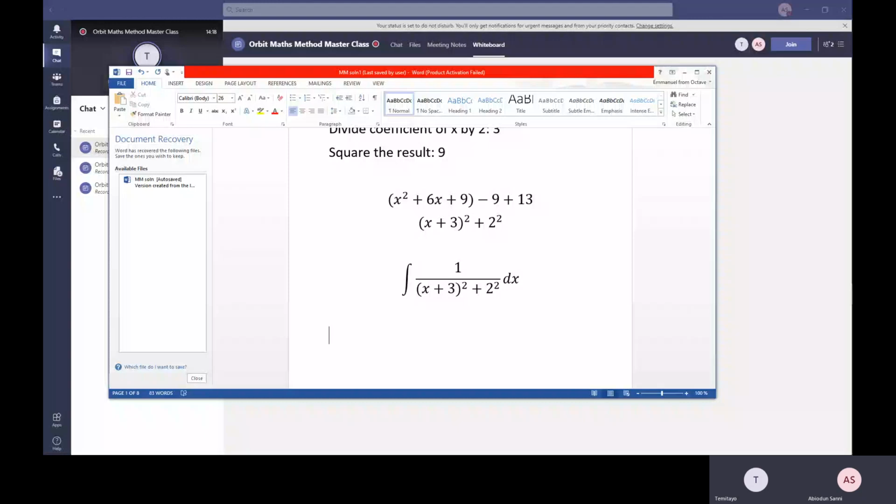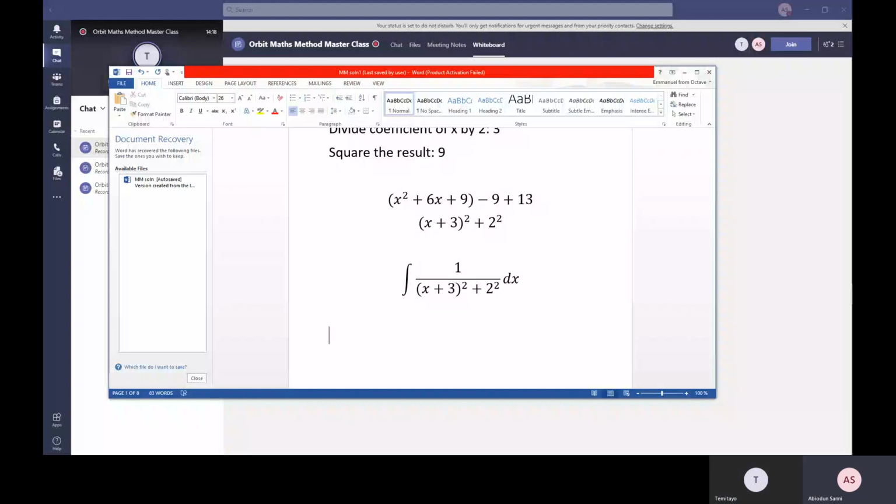Obtain the formula for, let me see. It's not coming up. So, to obtain the formula for... what am I writing here?